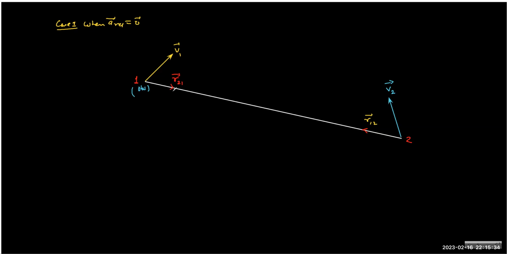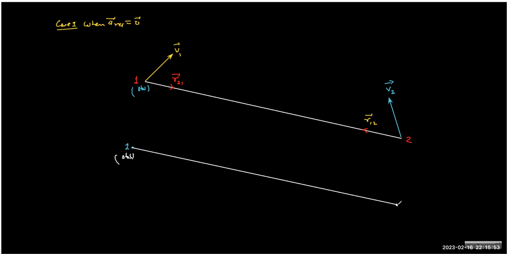The moment you make one the observer, one is like a fixed point of view. It's a now point. And then two is far away as of now. But now two will have how many velocities? Because one is observer, so two will have two velocities.